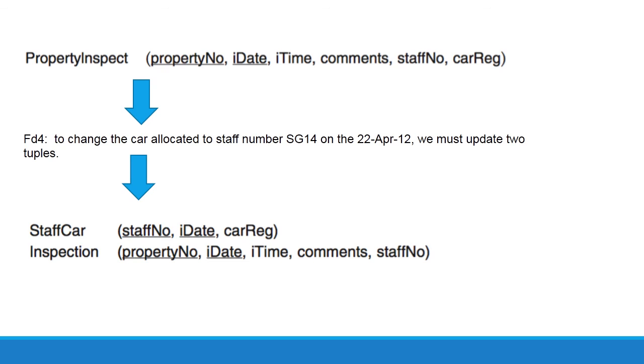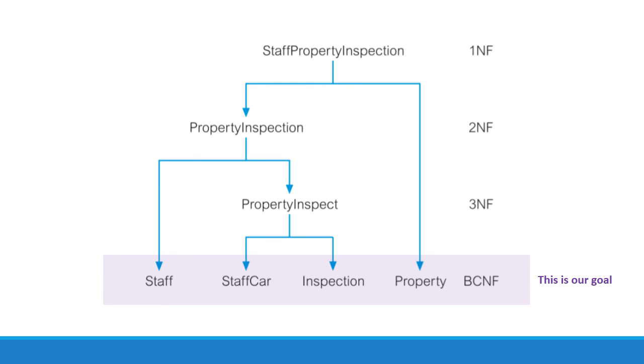And we keep the master table as it is. Inspections consist of property number, inspection date, inspection time, comments, and staff number. And then we have BCNF, which consists of four relations: staff, staff car, inspection, and properties. So this is our goal.